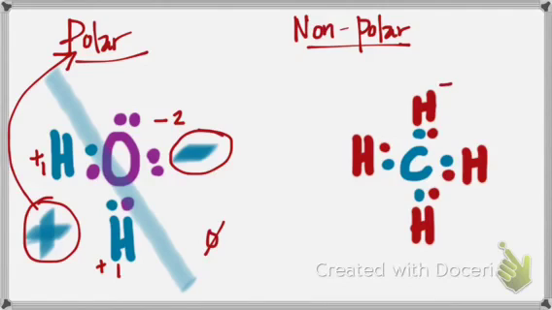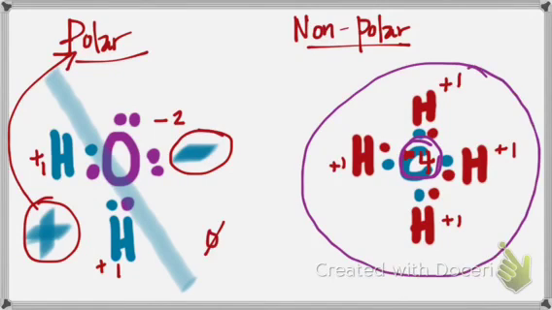My hydrogen in each case is going to have a +1 because it's going to give away an electron in each case to the carbon. And because of that, that's going to give carbon a big fat -4 charge. And now I've got a negative basically surrounded by a ring of positive.